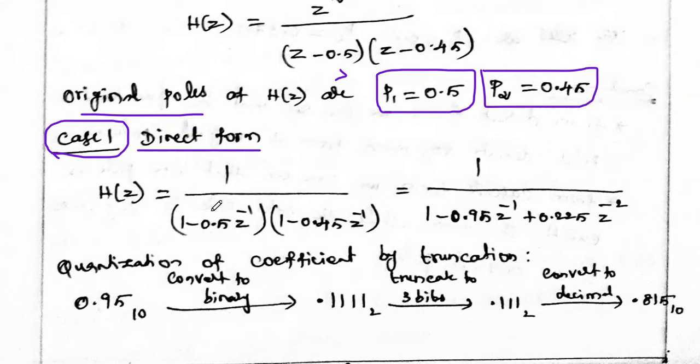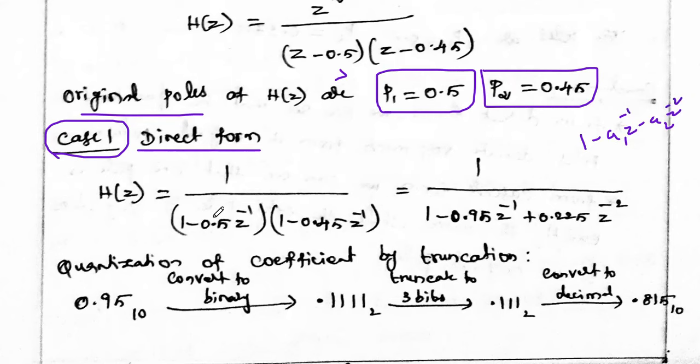So this is the H(z). If you want to realize the given transfer function in direct form, first the denominator should be in the format we already studied: 1 divided by 1 minus a1 z inverse, then minus a2 z power minus 2, etc. So the transfer function should be in this format.